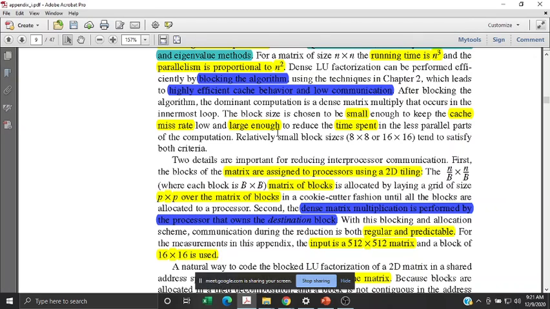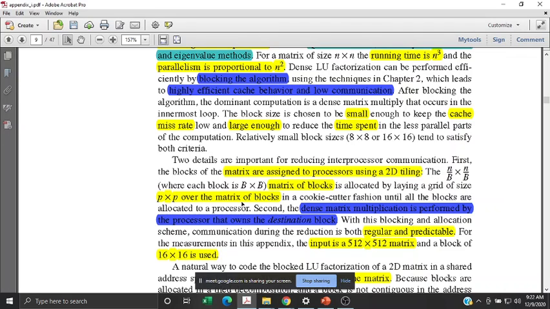Two details are important for parallel computation across grids. Matrices are assigned to the processors using 2D tiling. So n by n, where n is your matrix size, b is your block size, how much you are fetching. In this case, 512 or 32, he is stating that particular block size. P cross P is the number of processor elements made available over the matrix blocks.